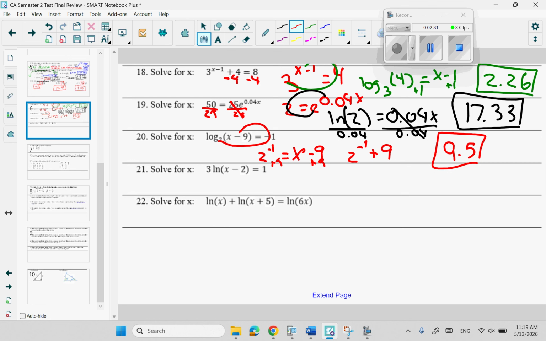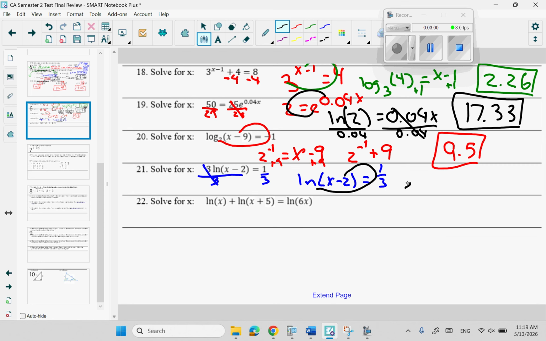21. So I'm going to do something similar to 20, where I'm going to spiral, but I have to get the logarithm by itself first. So the first thing I would have to do here is divide by that 3. So I get the natural log of x minus 2 equals 1/3, and I'm going to spiral. Just like in number 19, when I'm using natural log and I'm spiraling, I'm going to use the e.